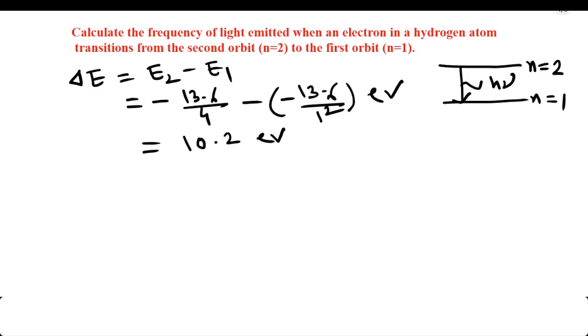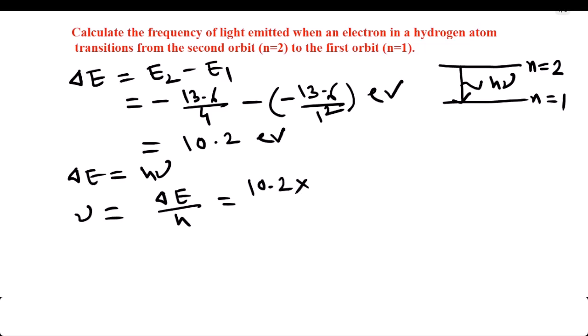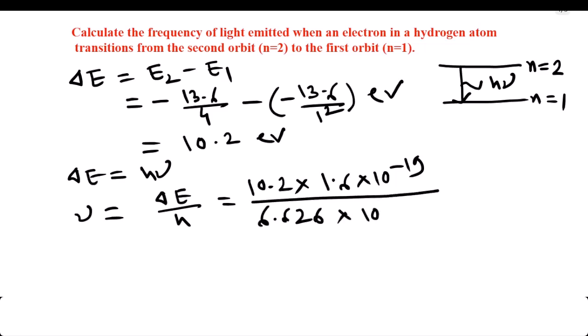Now if the frequency of the emitted photon is nu, then the energy delta E is equal to h nu. This energy difference will be the energy of the photon. So nu is equal to delta E divided by h. So delta E is 10.2 electron volt. 1 electron volt is 1.6 into 10 to the power minus 19 joule, and the value of h is 6.626 into 10 to the power minus 34 joule second.